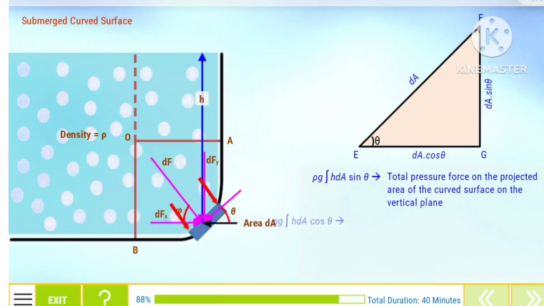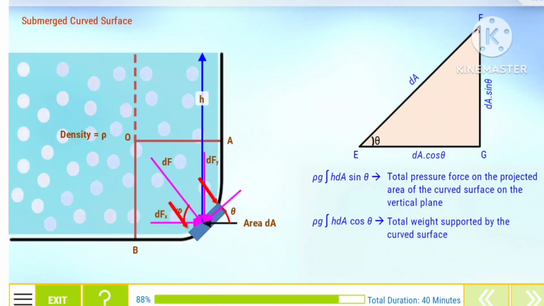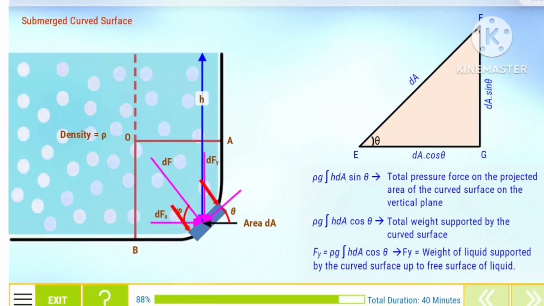Hence, rho into g into integral of h into dA into cos theta is the total weight supported by the curved surface. Thus, Fy is equal to rho into g into integral of h into dA into cos theta, where Fy is the weight of liquid supported by the curved surface up to the free surface of liquid.